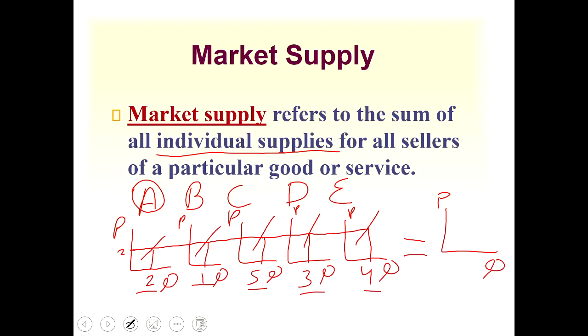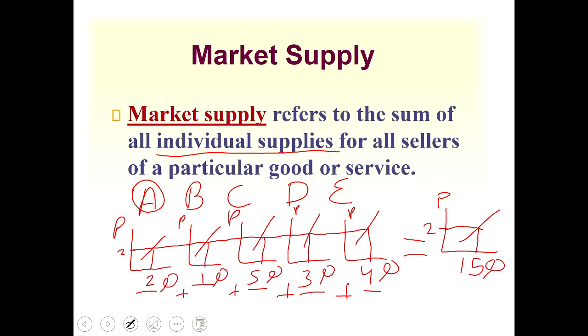These are all hypothetical numbers: 2, 1, 5, 3, 4. So these are individual supply curves. To get the market supply curve at price level 2, we will just add 2 plus 1 is 3, plus 5 is 8, plus 3 is 11, plus 4 is 15. So at price 2, the market supply will be 15.